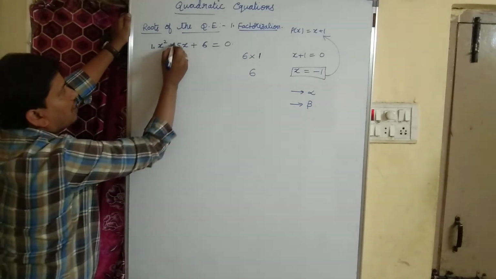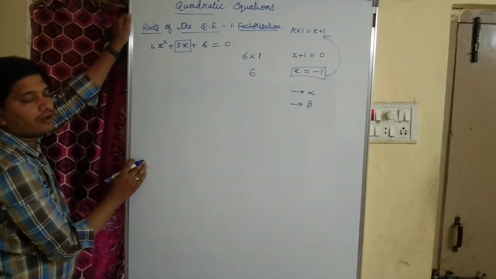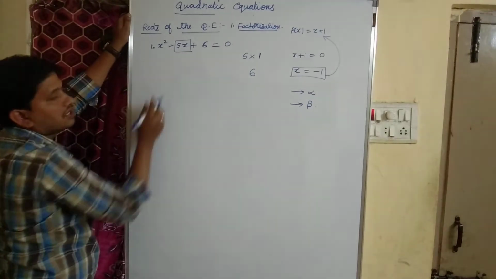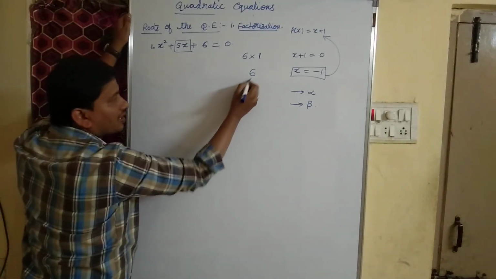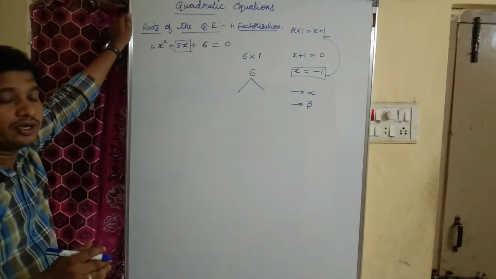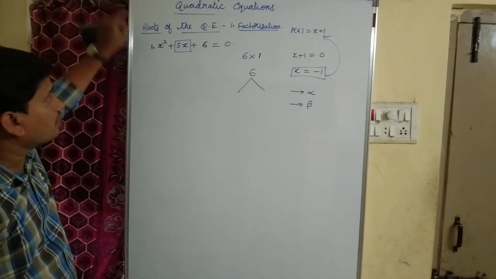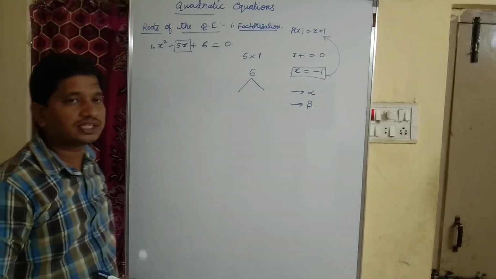Children, first of all we have to consider the middle term. What do we have here in the middle term? That is 5x. Now let us find the possible factors of 6 in such a way that when we add the two factors, we must get the middle term. What are the factors of 6?